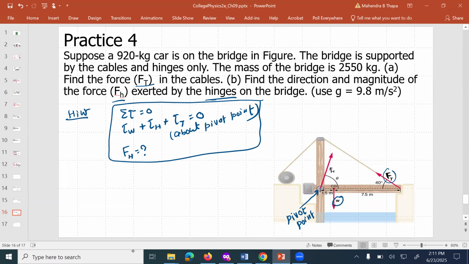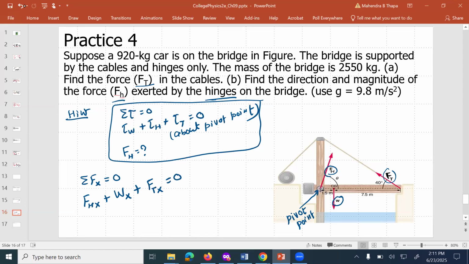Now you need to find the force due to the hinge. So use total force along the x-axis equal to 0. So you have to find the component of FH along the x-axis, the component of W along the x-axis, plus the component of FT along the x-axis is equal to 0.